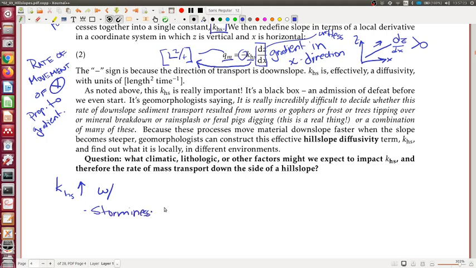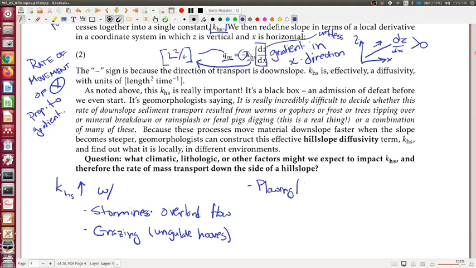And this is going to lead to overland flow. Maybe it's going to go up with grazing. So there are more cattle walking across this, so ungulate hooves. Maybe it's going to increase with plowing/tillage, right? Or maybe it will increase as we have more freeze thaw.